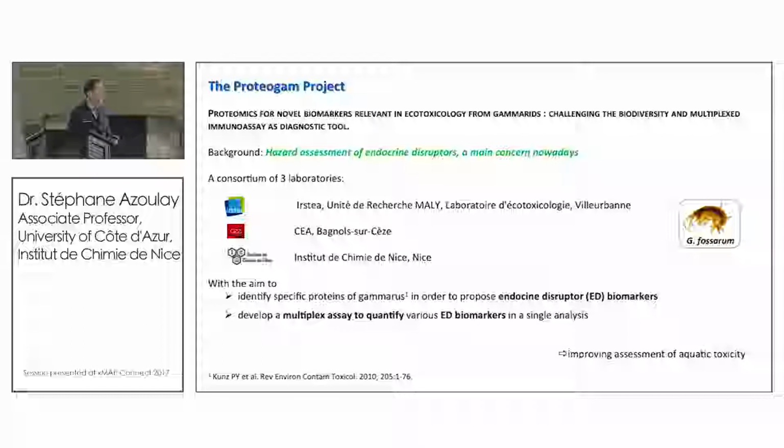And after that, when the biomarkers were identified, we try to develop a multiplex assay to quantify them. As said by a lot of speakers, it is always necessary to have a fast and cost-effective technology to quantify biomarkers. In ecotoxicology, there are generally a lot of diverse and direct methods, but not multiplexed methods.